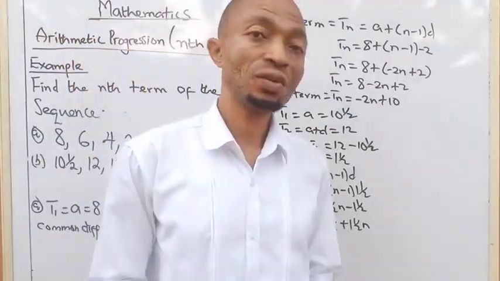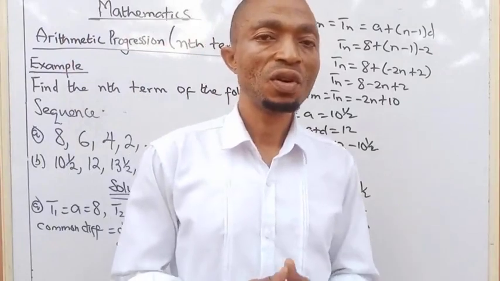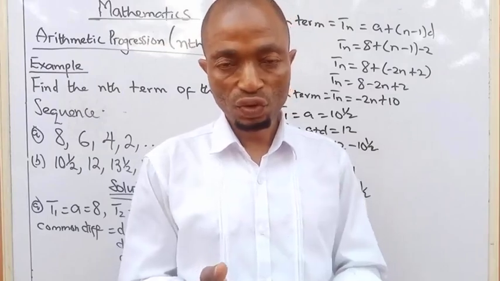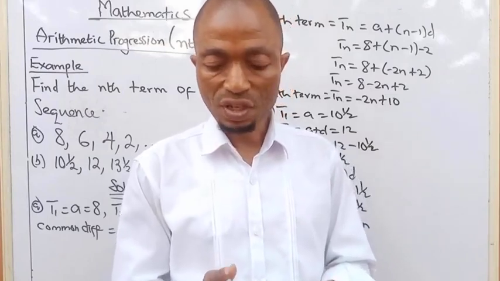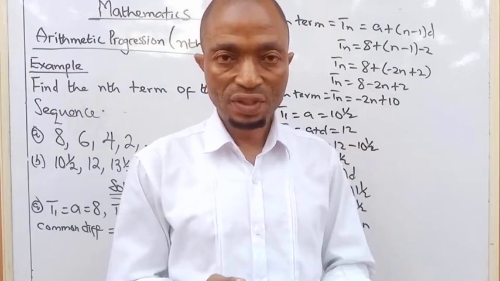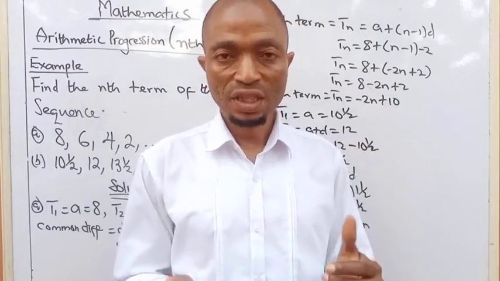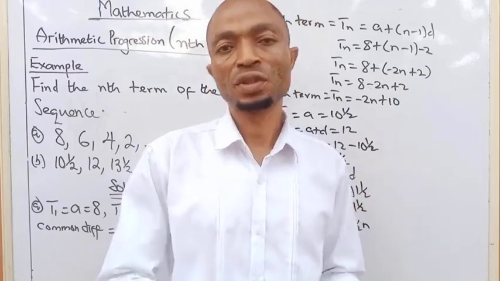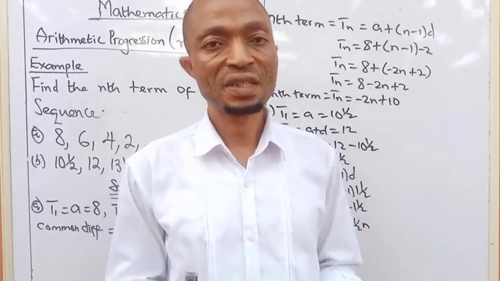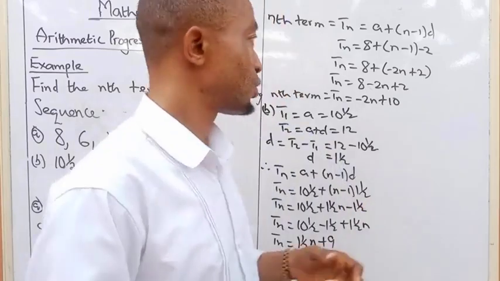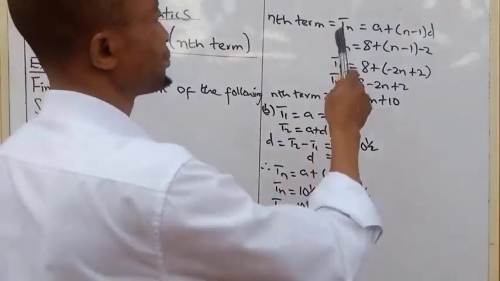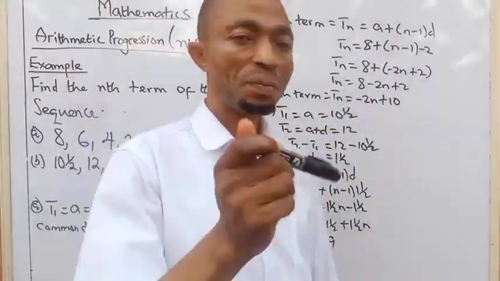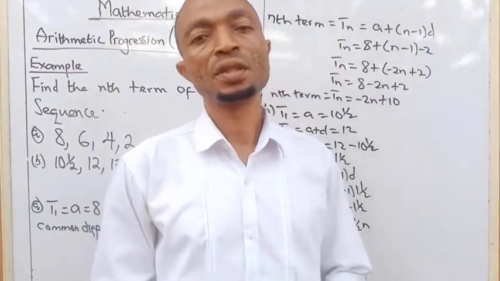So whenever you are told to find the nth term of an arithmetic progression, just look for your A, that's the first term, look for the second term, then find the common difference, that is second term minus first term. After getting that, substitute it into this formula, and you get the nth term of that particular AP.